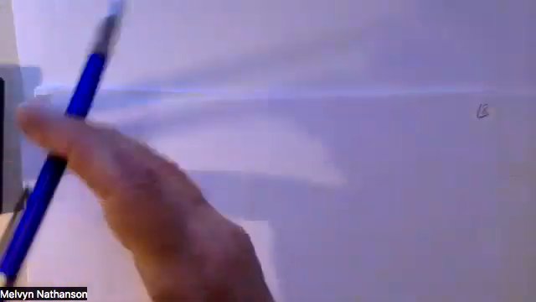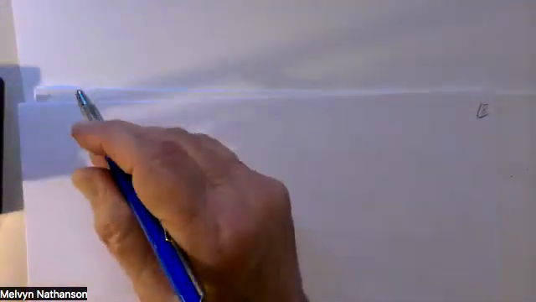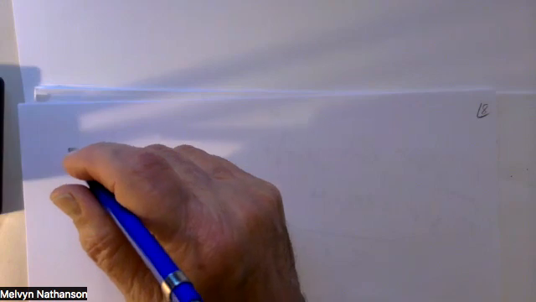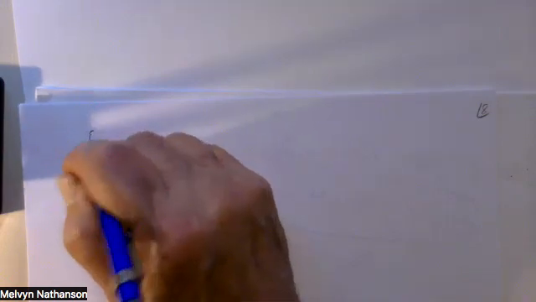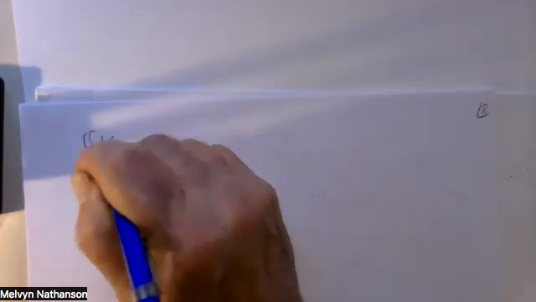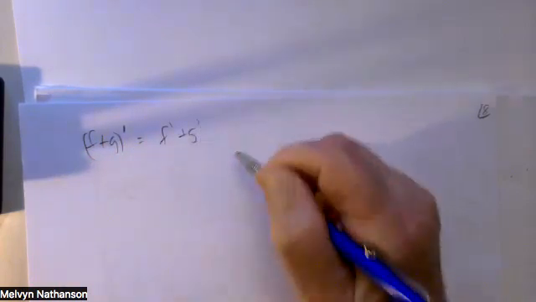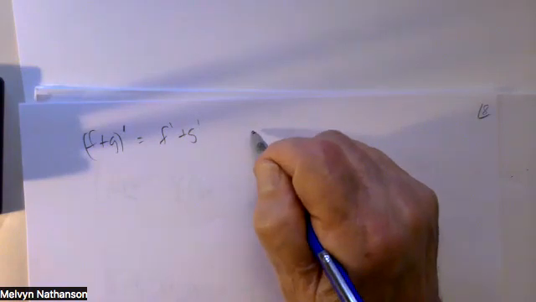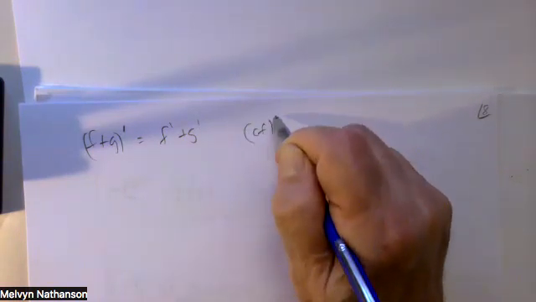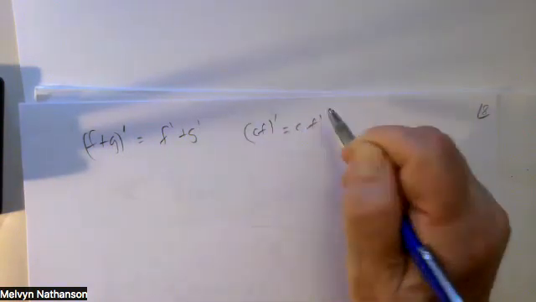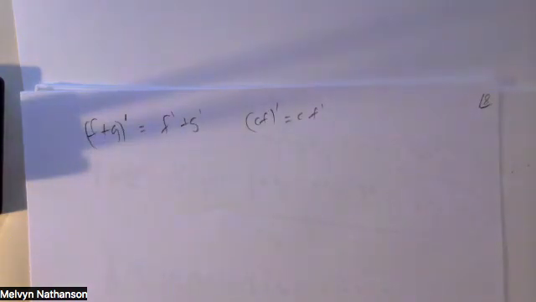So we know that if you take the sum of two functions, f plus g, and you differentiate it, that's the sum of the derivatives. And if you take a function and multiply it by a constant, you get constant times the derivative of the function.